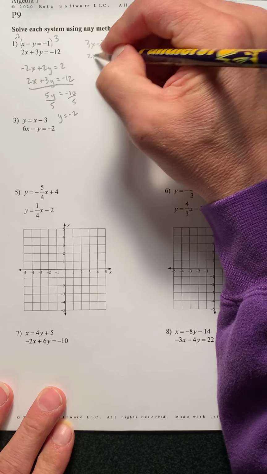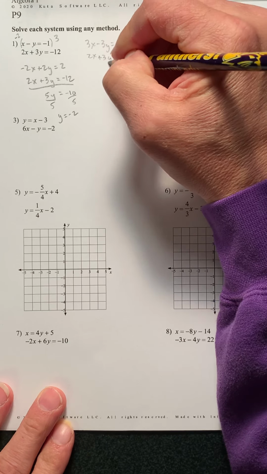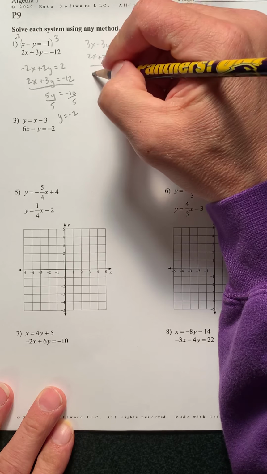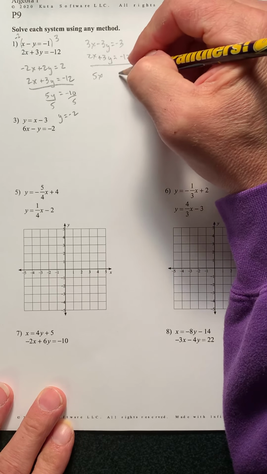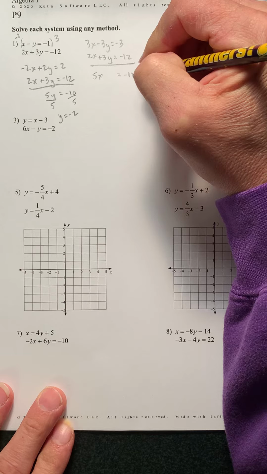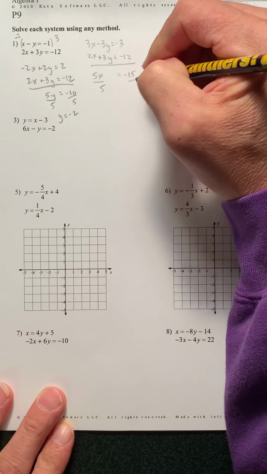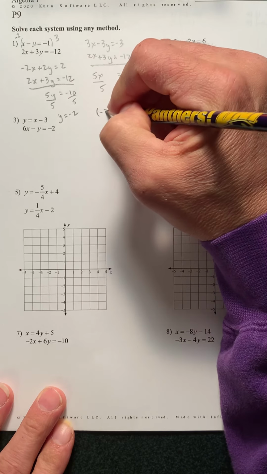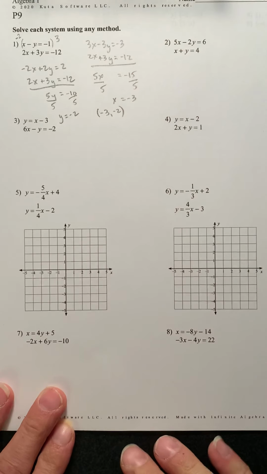And rewriting the bottom row again. When I add straight down, I end up with 5x's. My y's are gone. I end up with negative 15. So when I divide by 5, I get x is equal to negative 3. And so my answer is negative 3, negative 2.